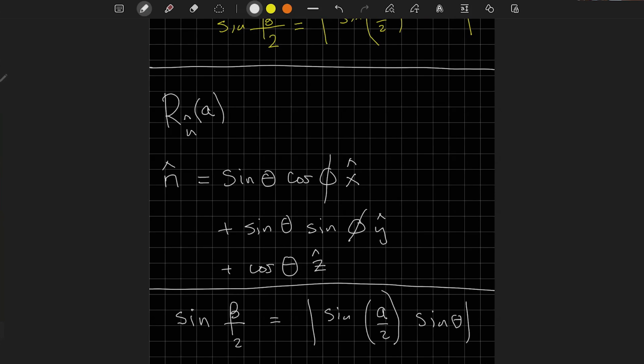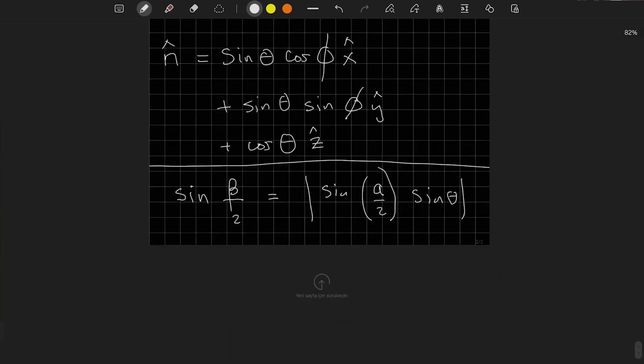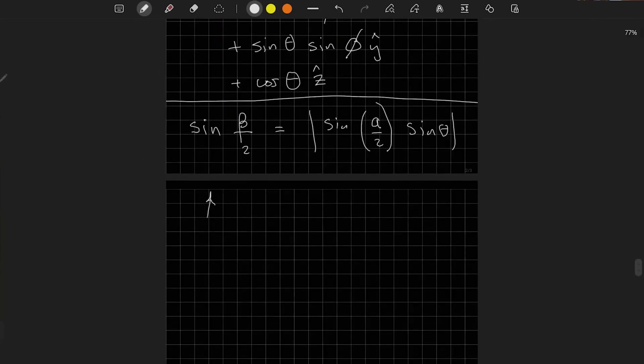And my alpha plus gamma equals phi. Okay, so this is our calculation. So now I have the axis of rotation, phi and theta, included in how I calculate my alpha, beta, and gamma. Okay. So now everything is all right.